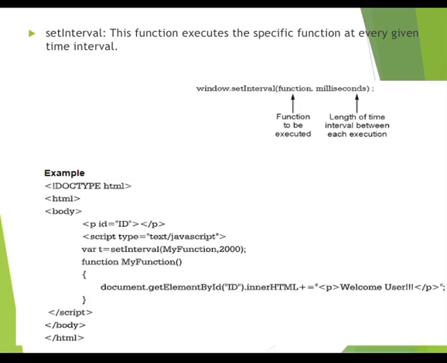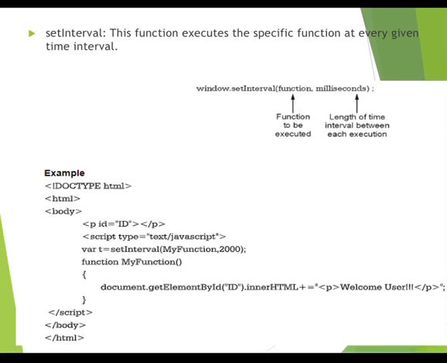We have taken a variable, var t, and in that variable we are going to call the method setInterval. In brackets, whatever function you are going to write, you have to call it over there, comma, your time interval, that is 2000 milliseconds we have given over here. So for every 2000 milliseconds, the function is going to be called and it will display an output.